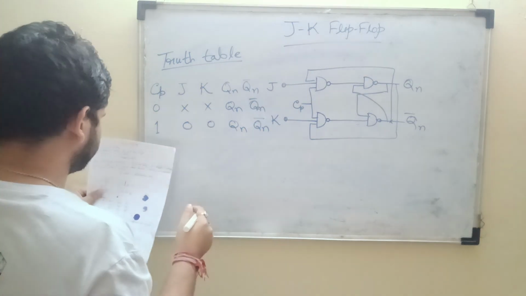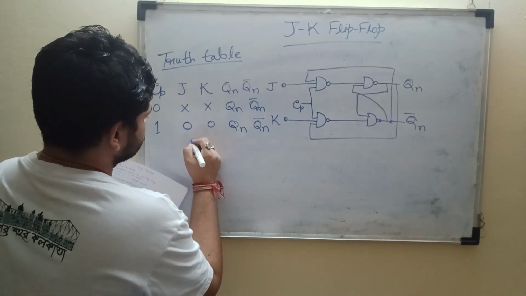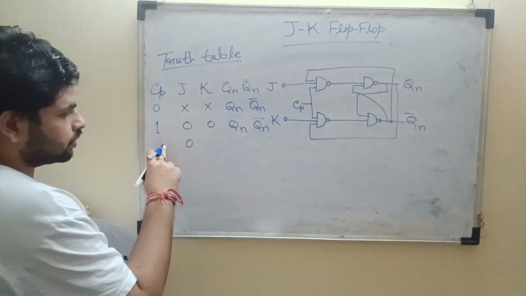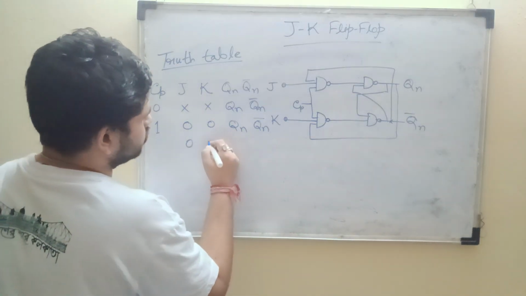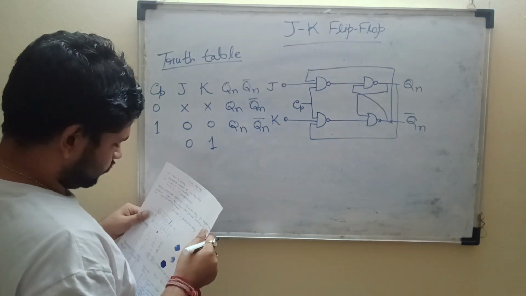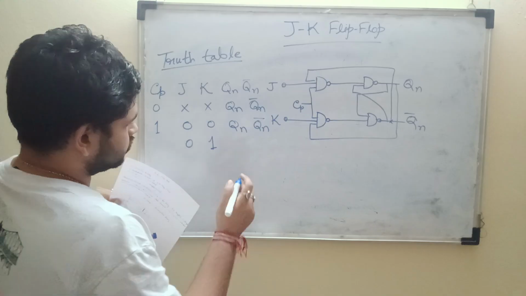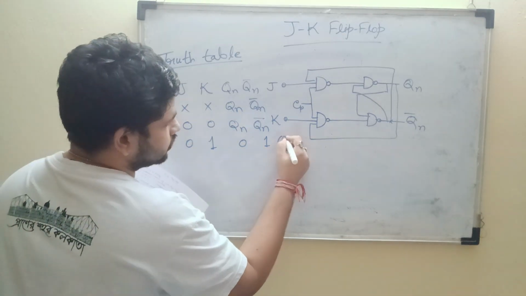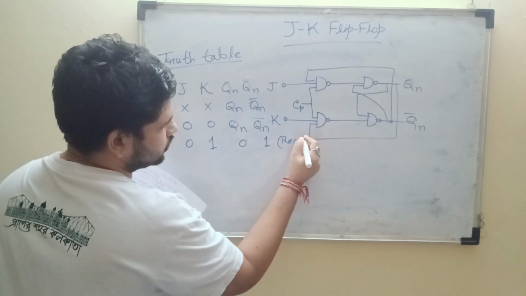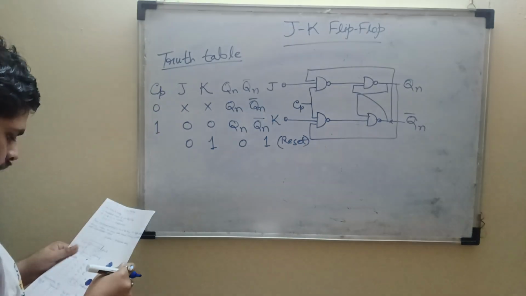Next, for these cases the clock pulse CP is 1. When J is 0 and K is 1, the output will be 0 1. This is the reset condition.